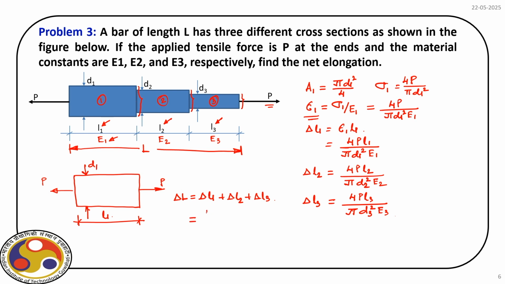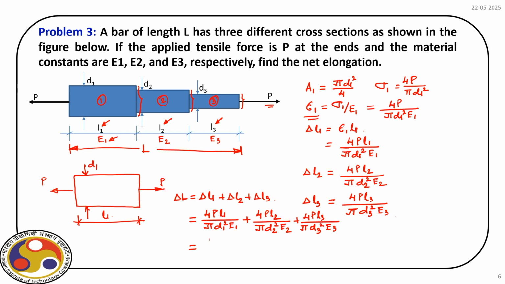So, we have 4 P L1 divided by pi D1 square E1, plus 4 P L2 divided by pi D2 square E2, plus 4 P L3 divided by pi D3 square E3.